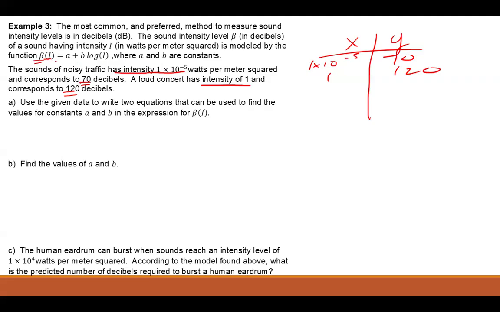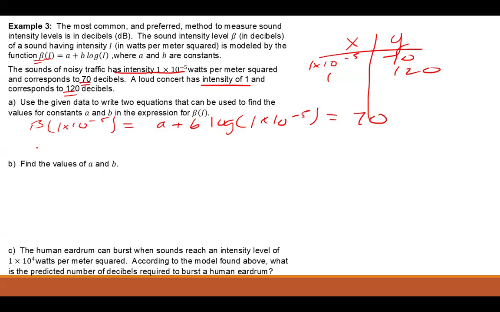So we know that when we have beta of 1 times 10 to the negative 5, it equals A plus B log of 1 times 10 to the negative 5, which equals 70. So that's my first equation.